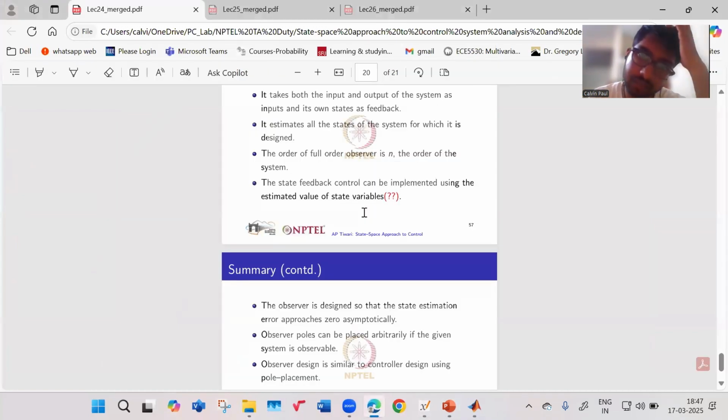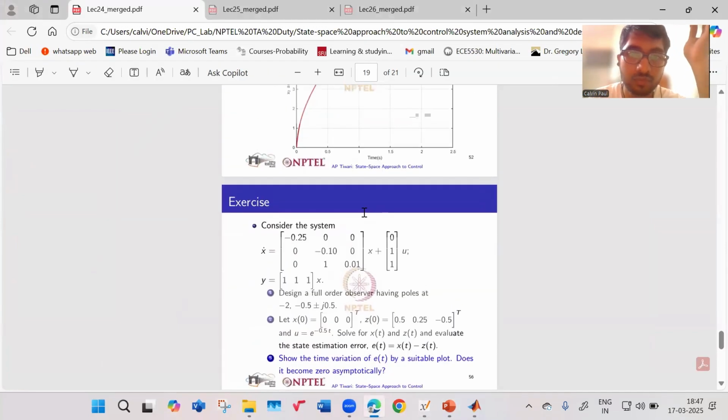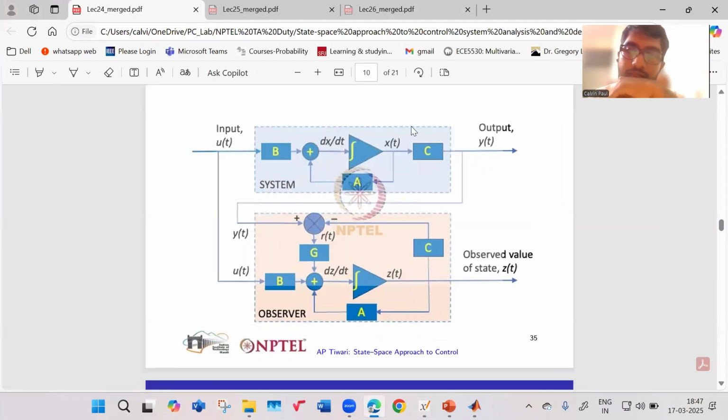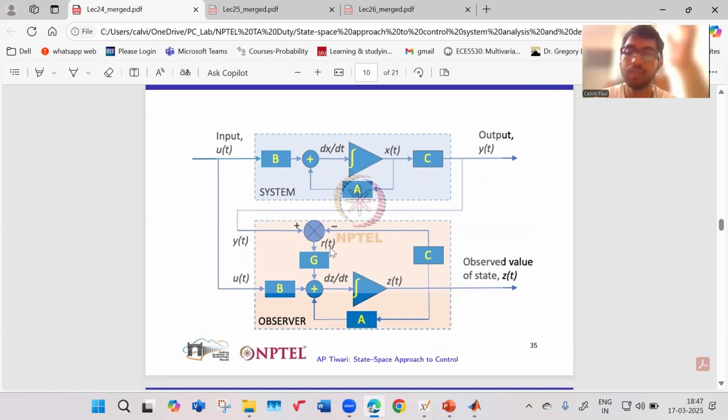Let us check the theory which Sir has taught. This is the system, dx of dt, with your A matrix, C and D. So this is your overall system, and this is your observer. The observer subtracts the output minus your estimated output, which is the residual, multiplied by G or L. I'm using L, but Sir has used the notation G. We'll proceed in the further slides with the notation G. Then you have B into U, and then dz of dt and z of t.